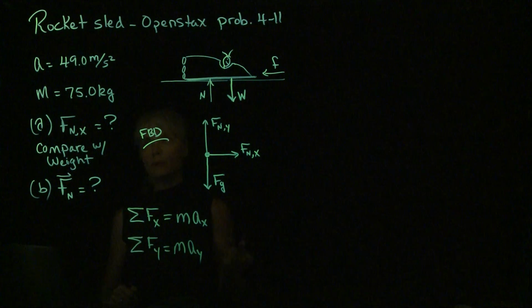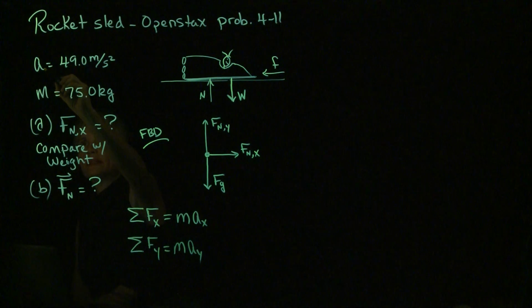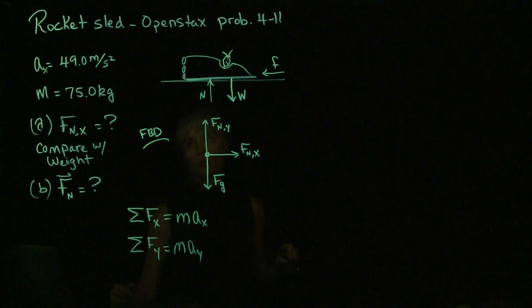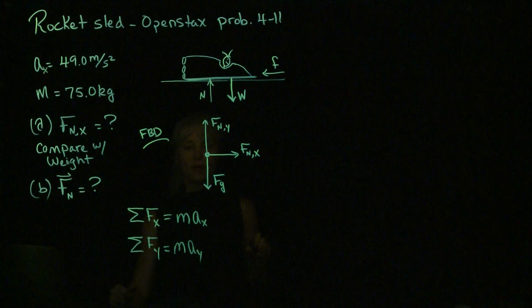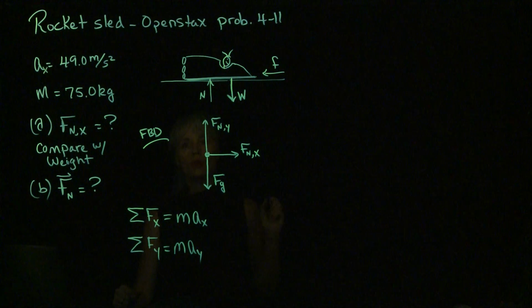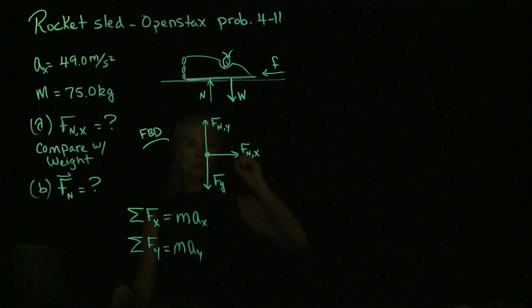The object being a person, we know he has an acceleration along the x direction that is 49.0 meters per second squared. In addition, we didn't write it down, but we do know his acceleration along the y dimension. He's confined to move along the horizontal, therefore he has no vertical acceleration.